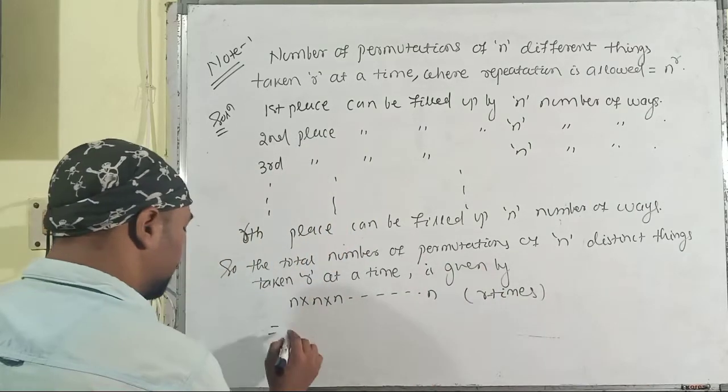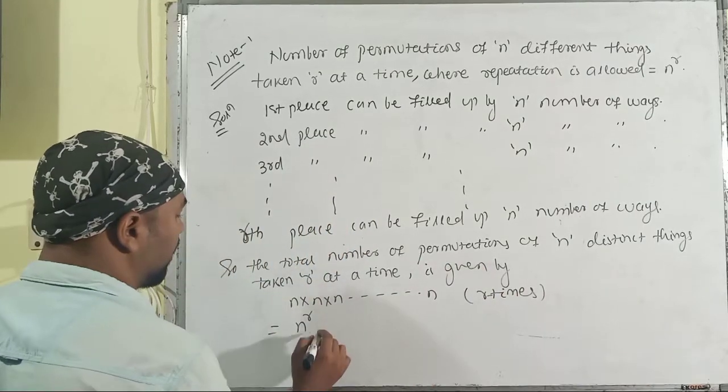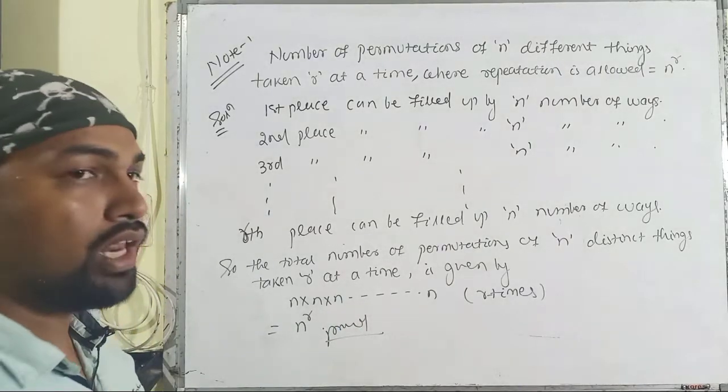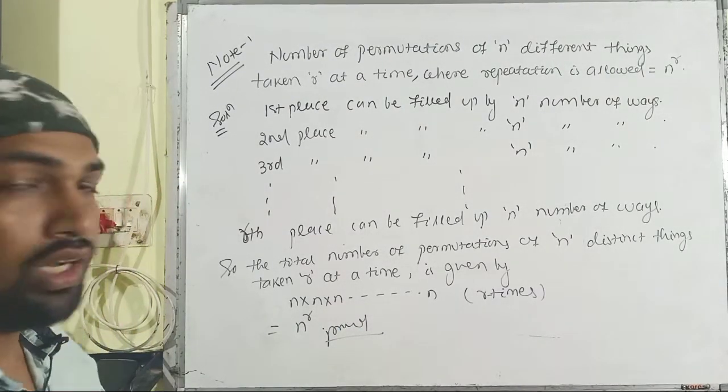Hence the result is n to the power r, and this is the proof of the first corollary which is based upon theorem number 2.